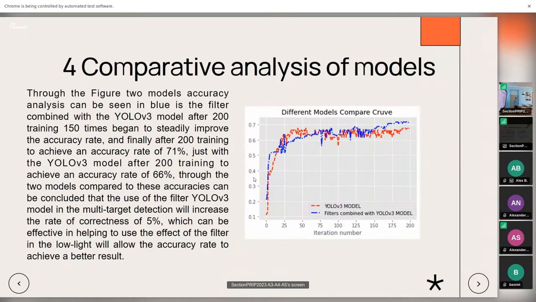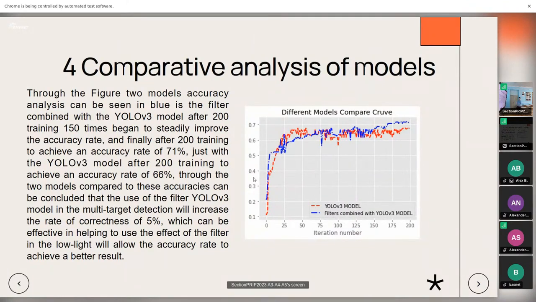Also, blue lines are filters compared with low-light models. Finally, after 200 iterations, we can find these models are better than YOLOv3, with accuracy rates bigger than 5% and lower loss. And this is very helpful for YOLOv3 in weak light conditions.